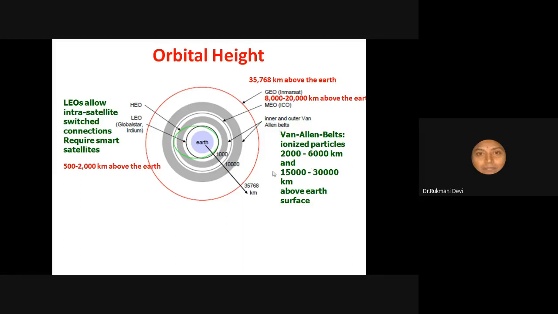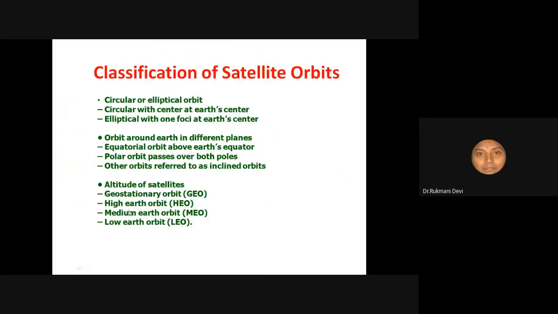Van Allen belts are ionized particles. The distances from Earth are 2,000 to 6,000 kilometers and 15,000 to 30,000 kilometers above the Earth's surface. So depending upon the altitude, geostationary Earth orbit, high Earth orbit or elliptical orbit, medium Earth orbit, low Earth orbit.